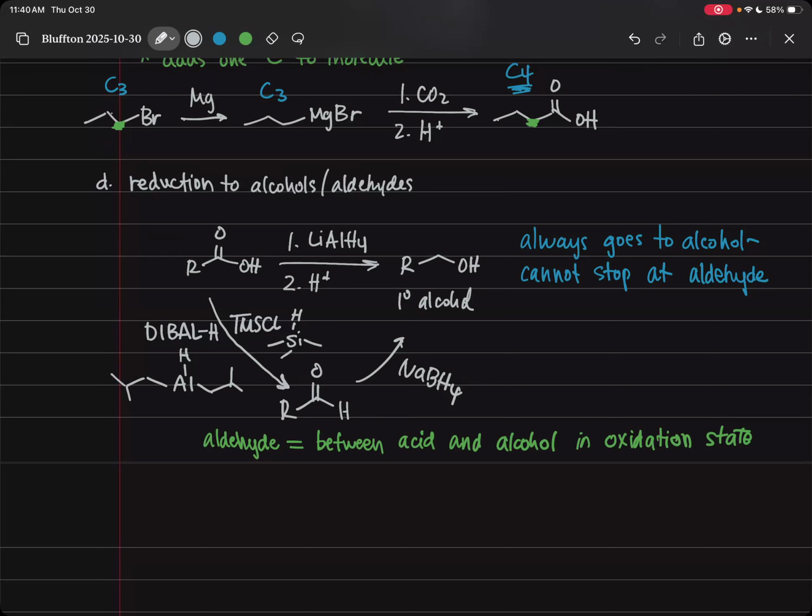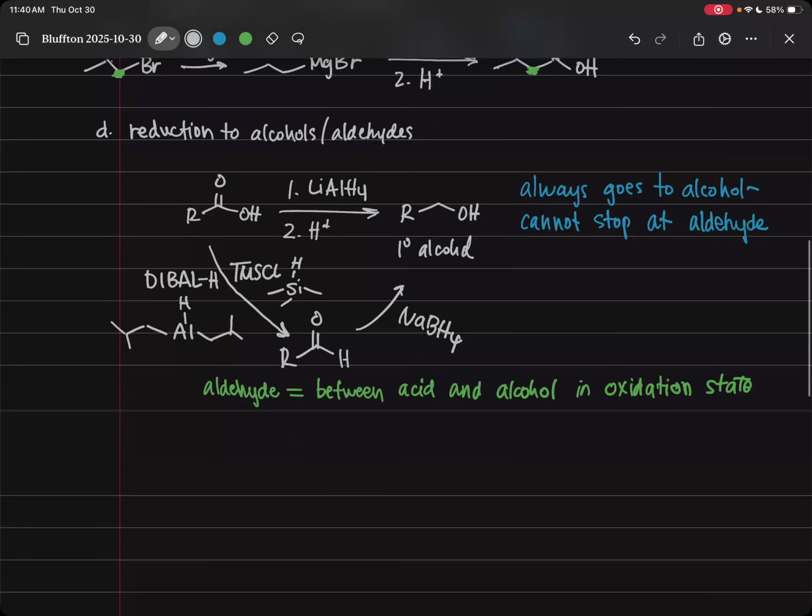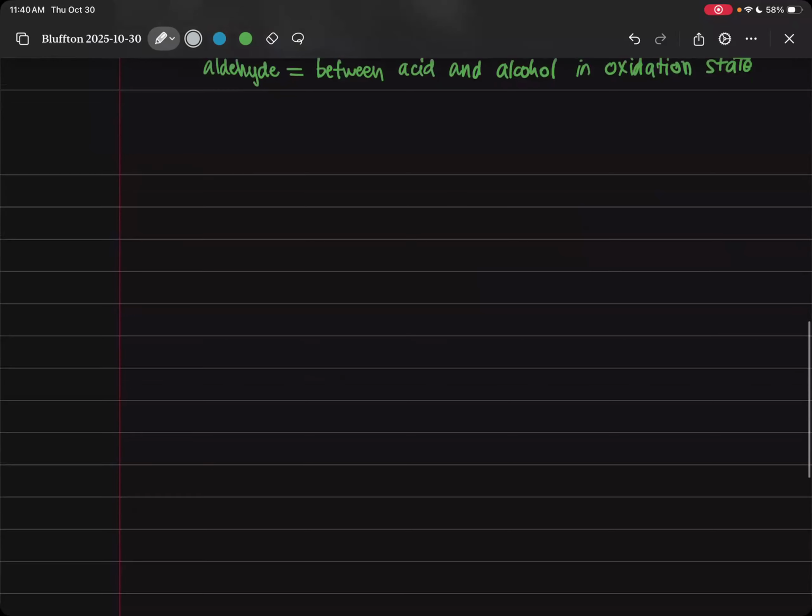Okay, let's do an example. So I'm going to show you, the drawing is kind of ugly. So let's look at an example. Let's do this molecule, which is sort of similar to benzoic acid, but not exactly.